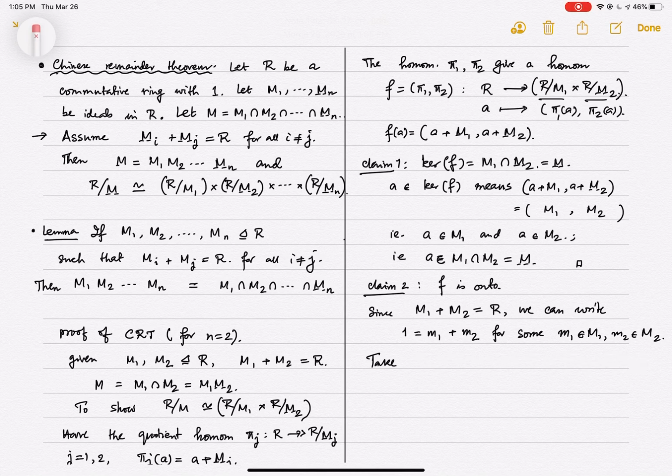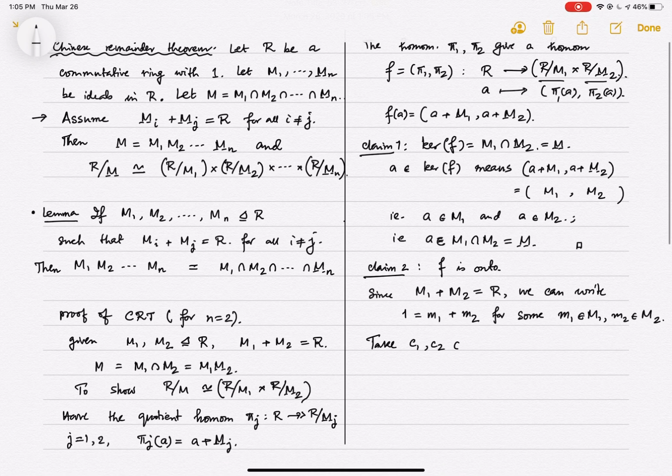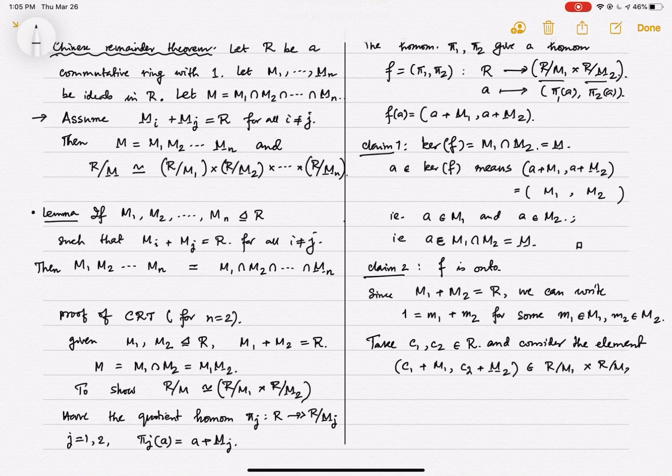So take C1, C2 in R and consider the element (C1 plus M1, C2 plus M2) in R mod M1 cross R mod M2. That's what a typical element of this ring looks like.